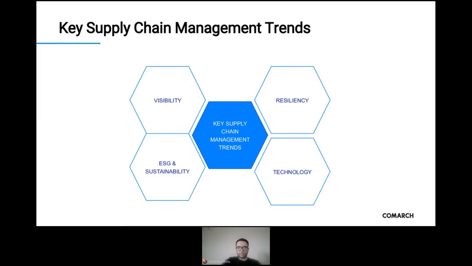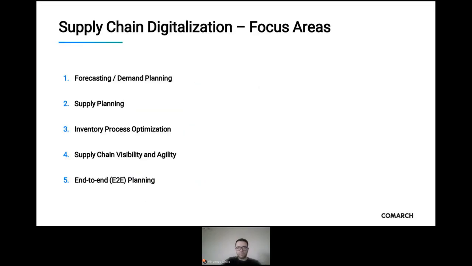Another important topic that I would like to explore with you is the focus areas. Currently, supply chain leaders are focusing on different areas while including different digital tools in their supply chain process.